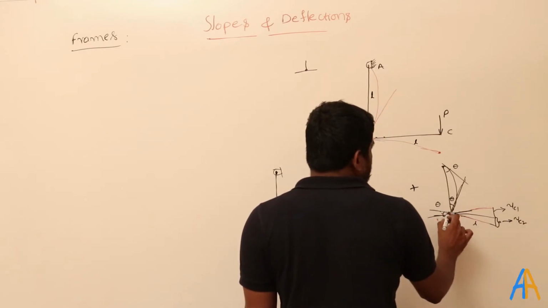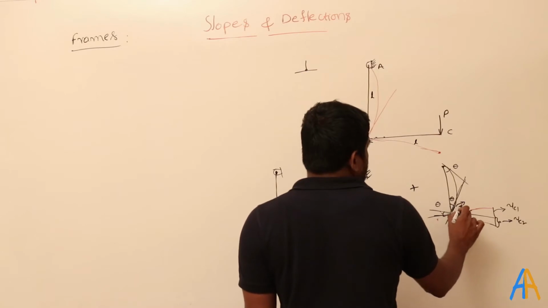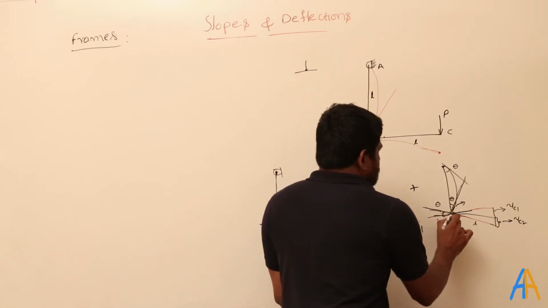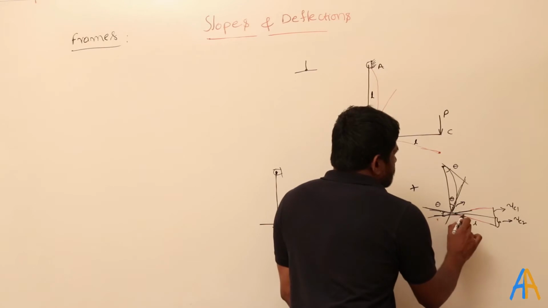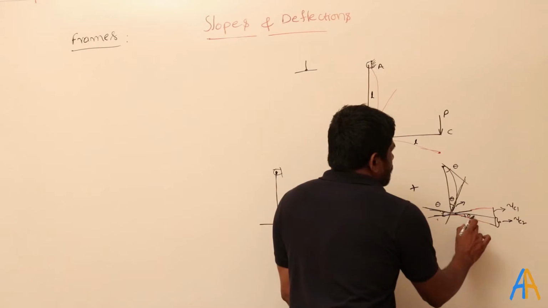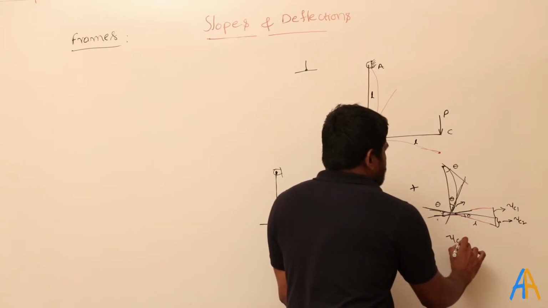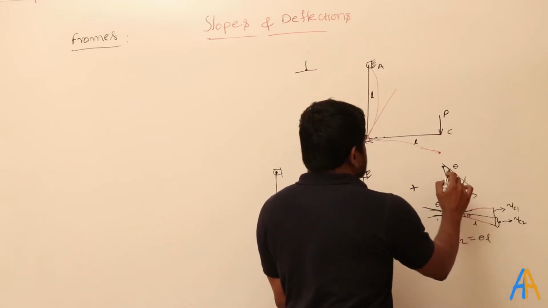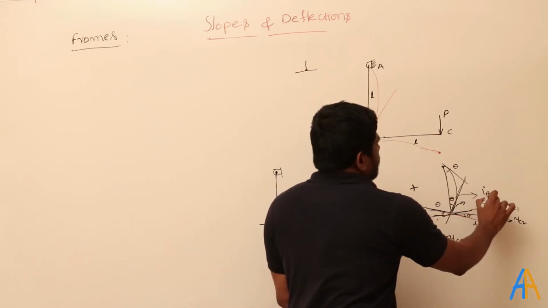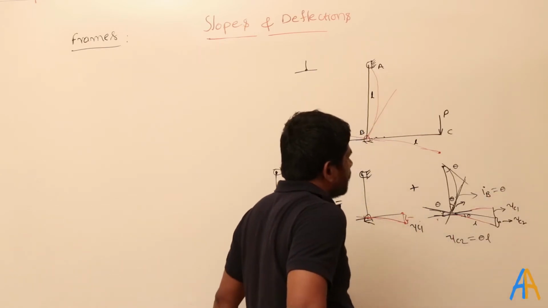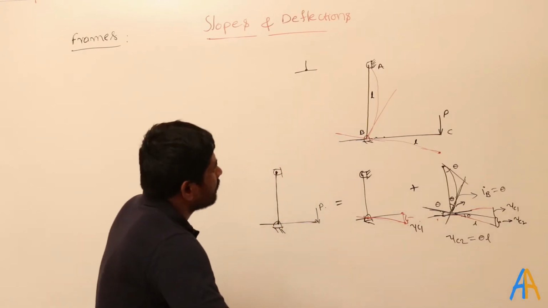This red one is perpendicular to this one, and this is perpendicular to this one, so the angle between these two is theta. So YC2, how can I find out? Theta into L. Theta here is nothing but, this is B, right? This is IB. So if I find out IB, I can find out theta into L, YC2.